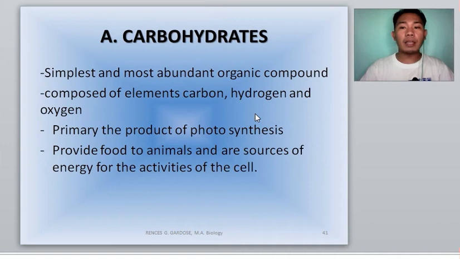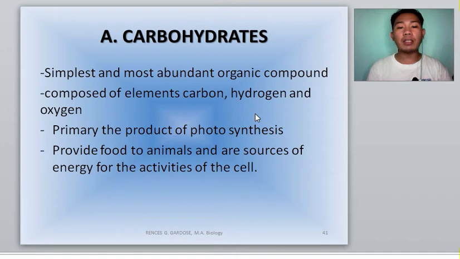So let's start with carbohydrates. Carbohydrates are the simplest and most abundant organic compounds and are composed of the elements carbon, hydrogen, and oxygen.